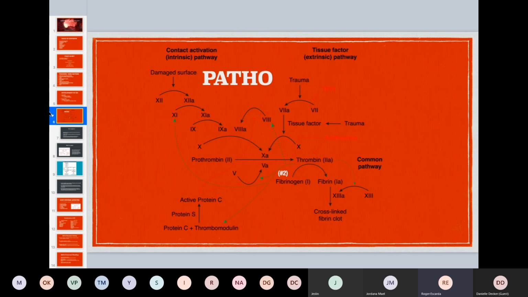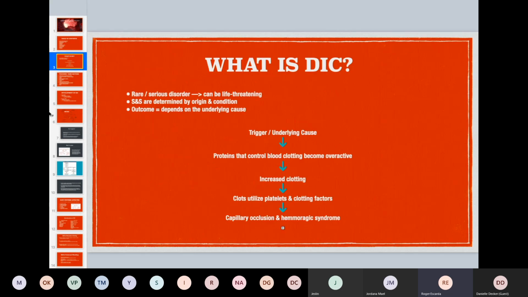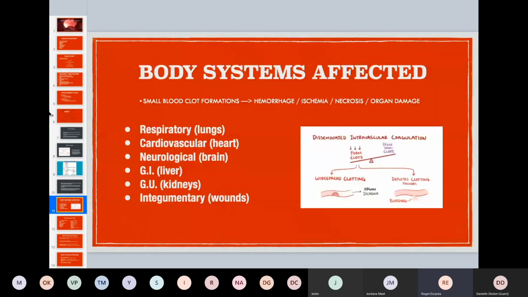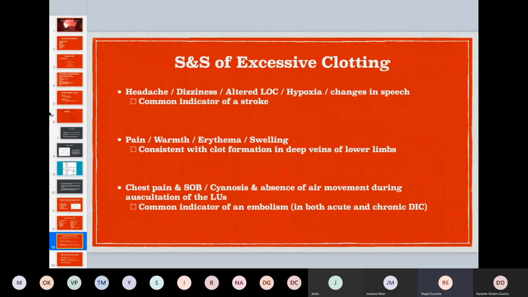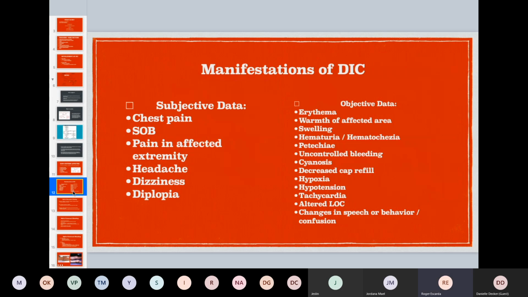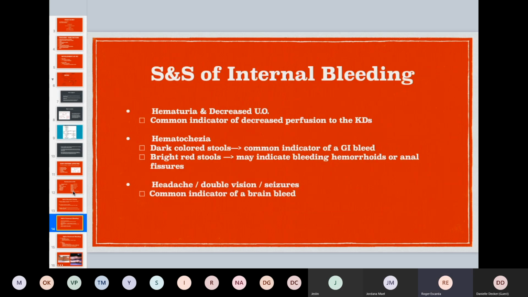And the group did show the diagnostic testing that will help you recognize and treat DIC sooner. So that will be on the exam, all your lab results, namely fibrinogen, platelet count, D-dimer, PT/INR.